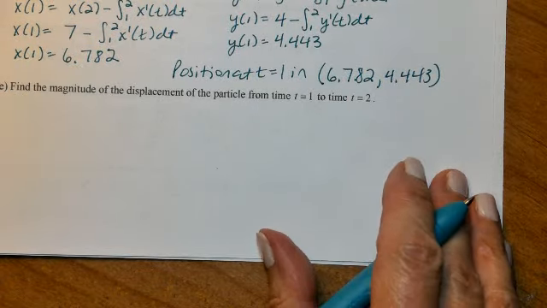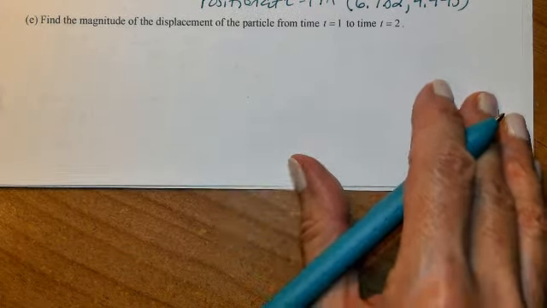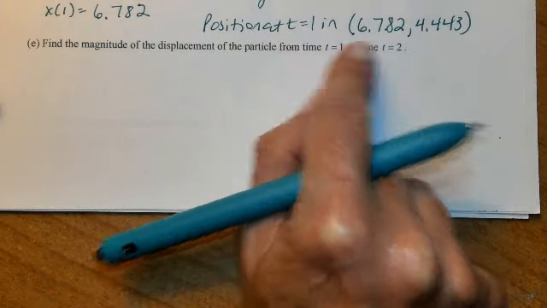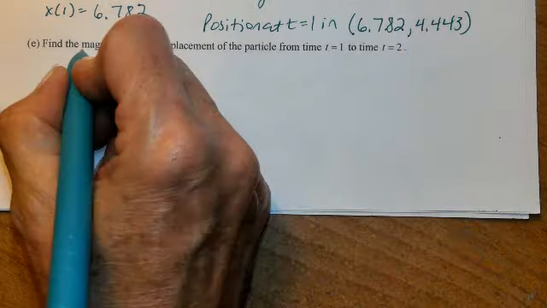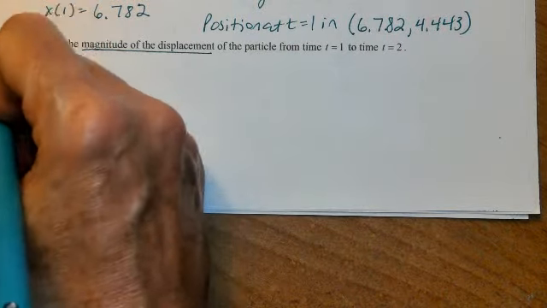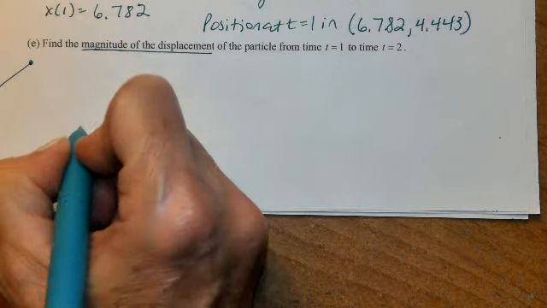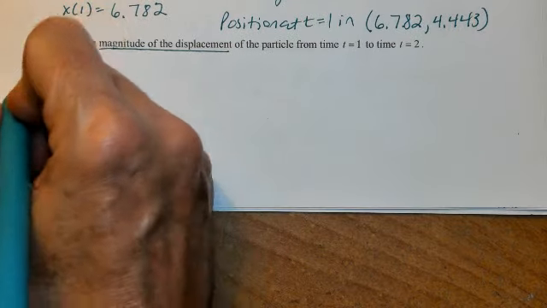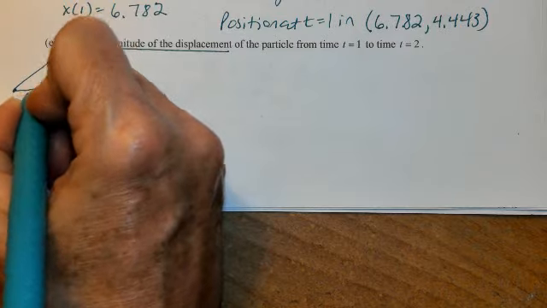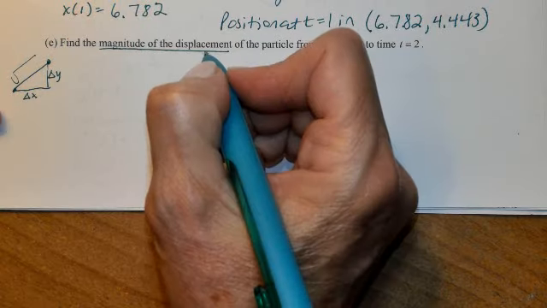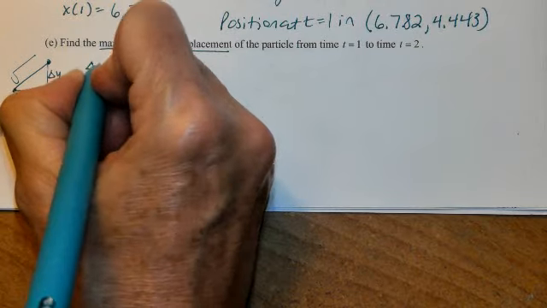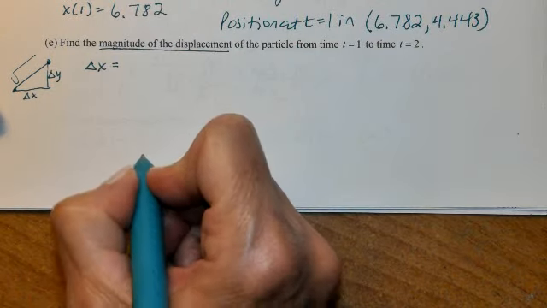Okay? Alright. Last up, find the magnitude of the displacement of the particle from time 1 to time 2. Remember magnitude of displacement? That was where we found the length of the change in distance. So this was just delta x and delta y, so this was the square root of delta x squared plus delta y squared, right? So I need to find delta x and I need to find delta y.